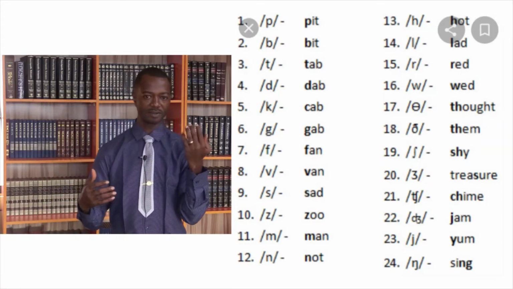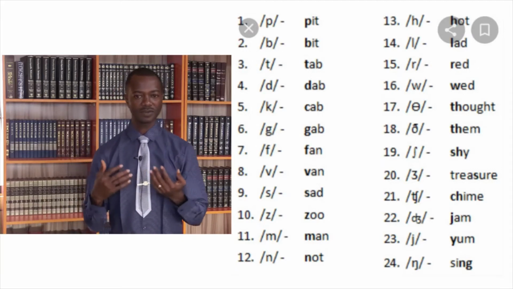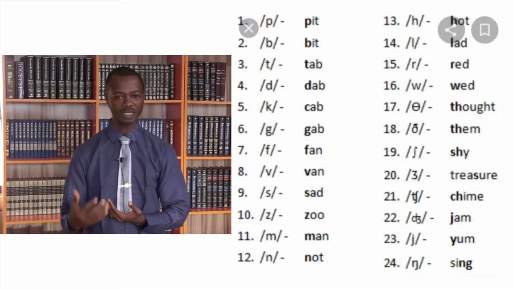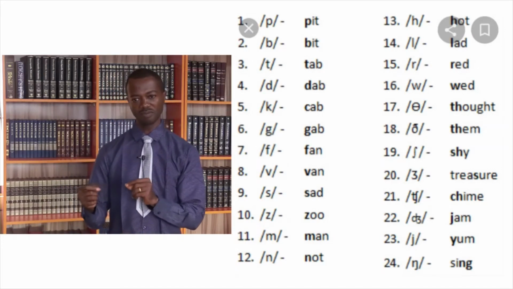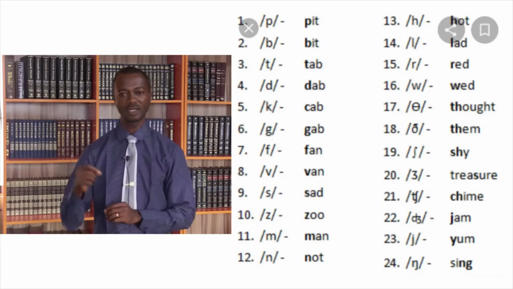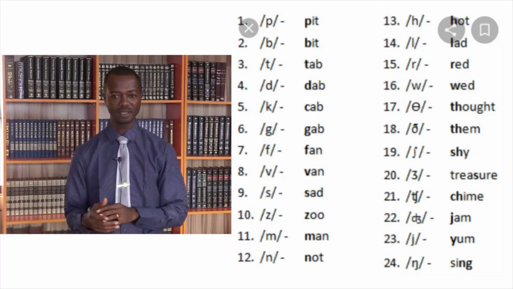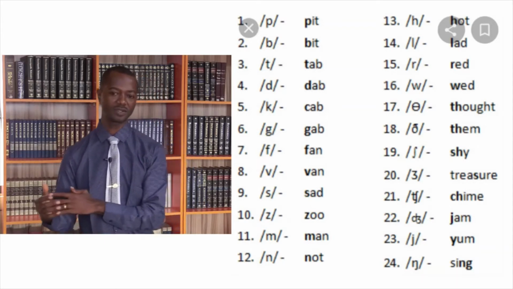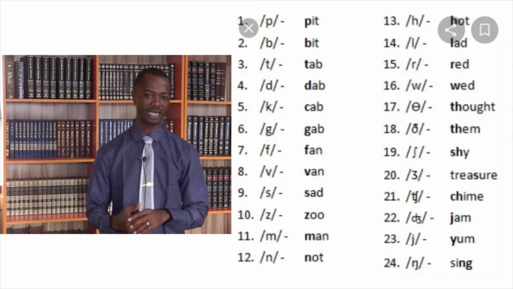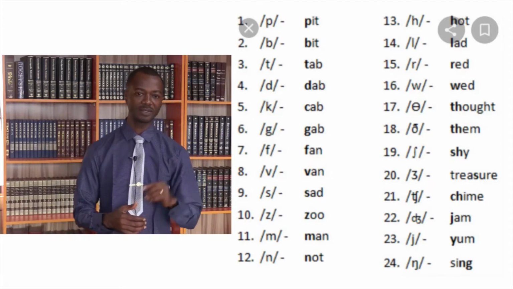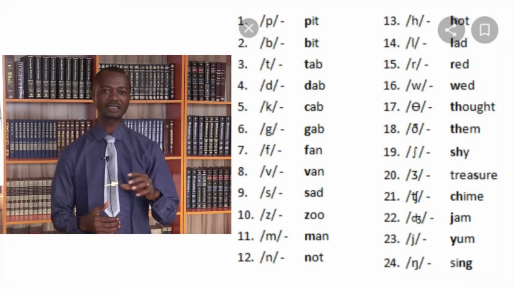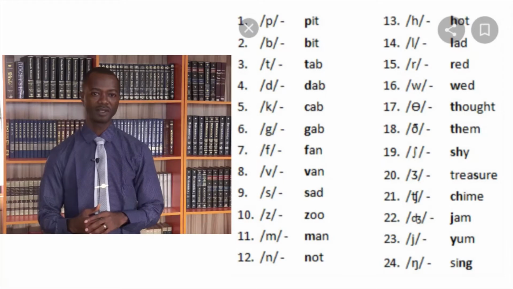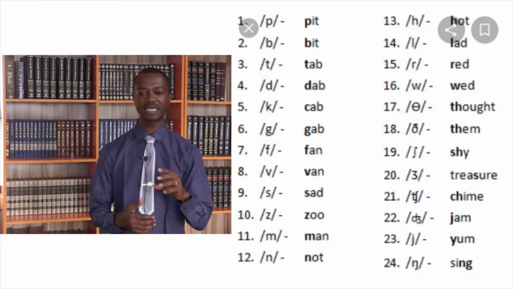The voiceless th is in think, thirty, thirsty. Now try to say this phrase: thirty thirsty thieves. You have the th sound in thirty, in thirsty, in thief.